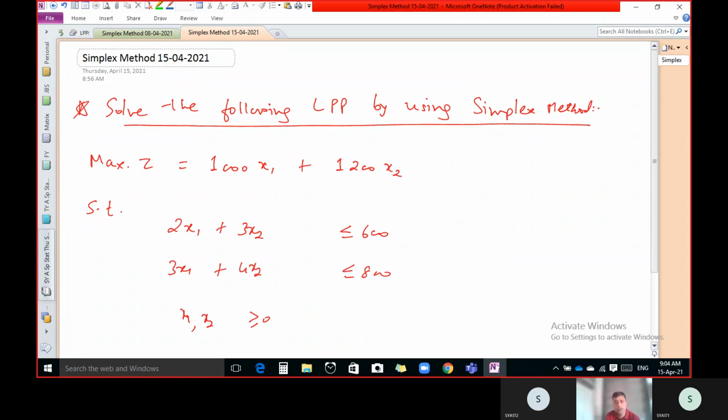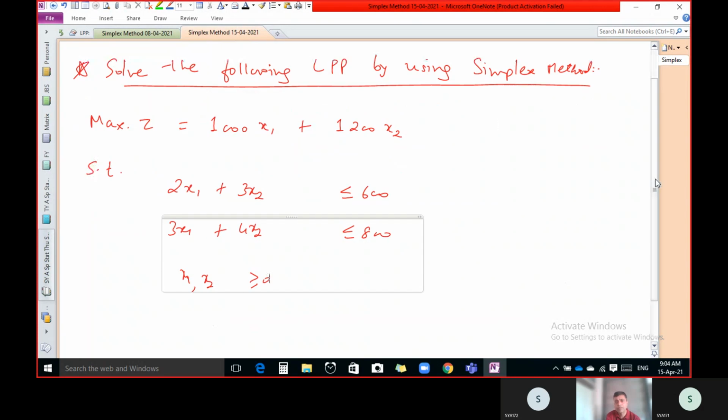We know that to solve this problem graphical method is applicable. Why? Because graphical method is useful for solving linear programming problems having two variables. So because there are two variables in the problem, you can use graphical method to solve this example.